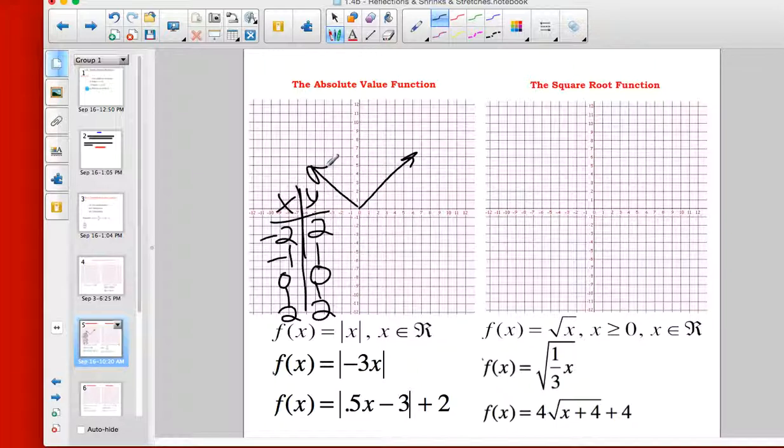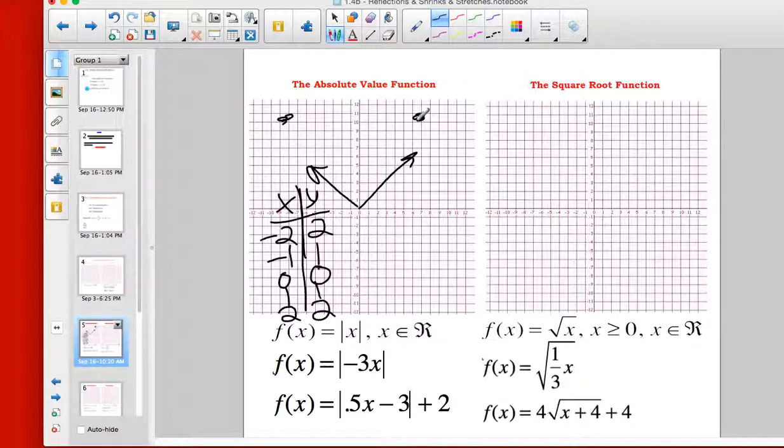So this first one, we have the absolute value of -3x. Since the negative is on the inside, that's actually a reflection over the y-axis, so all of the x coordinates are going to change. If you had a point over here, and you reflected it over the y-axis, it'd be over here now.